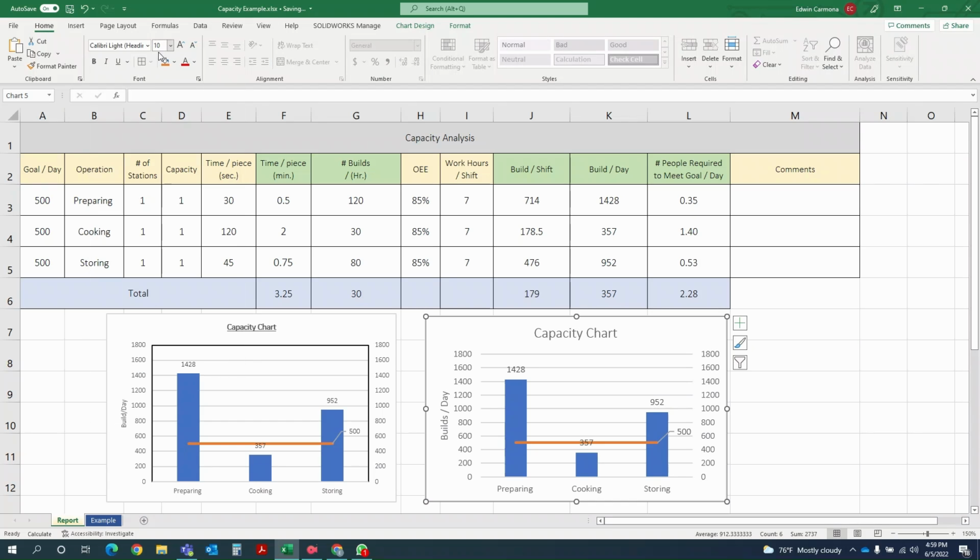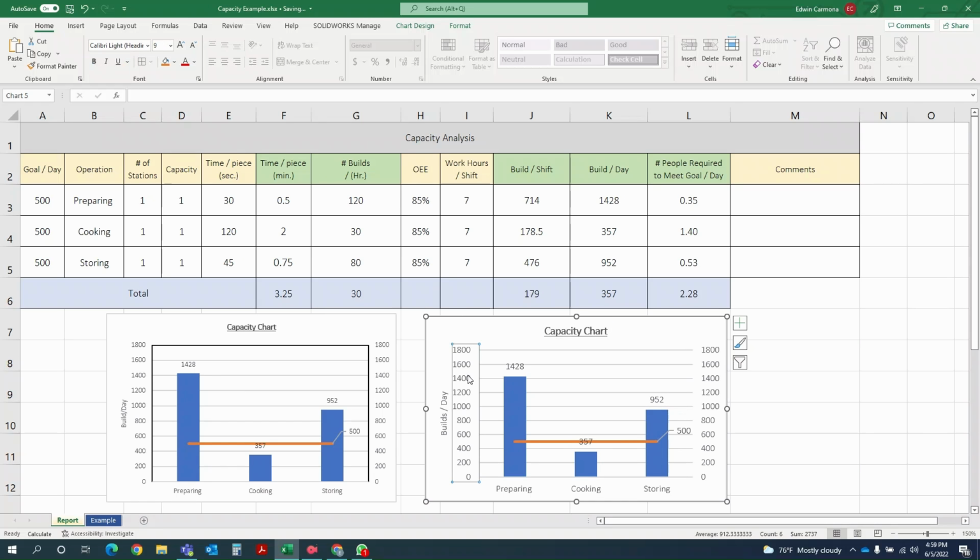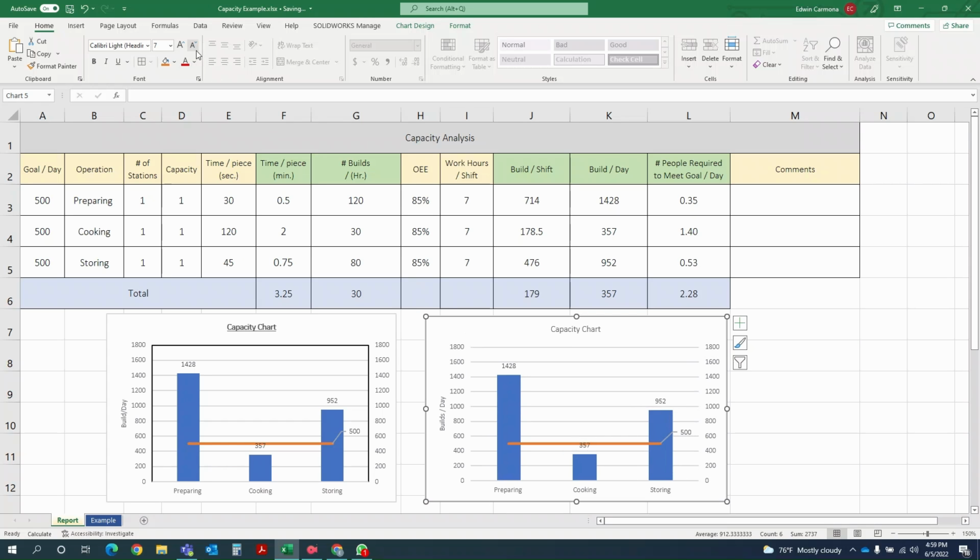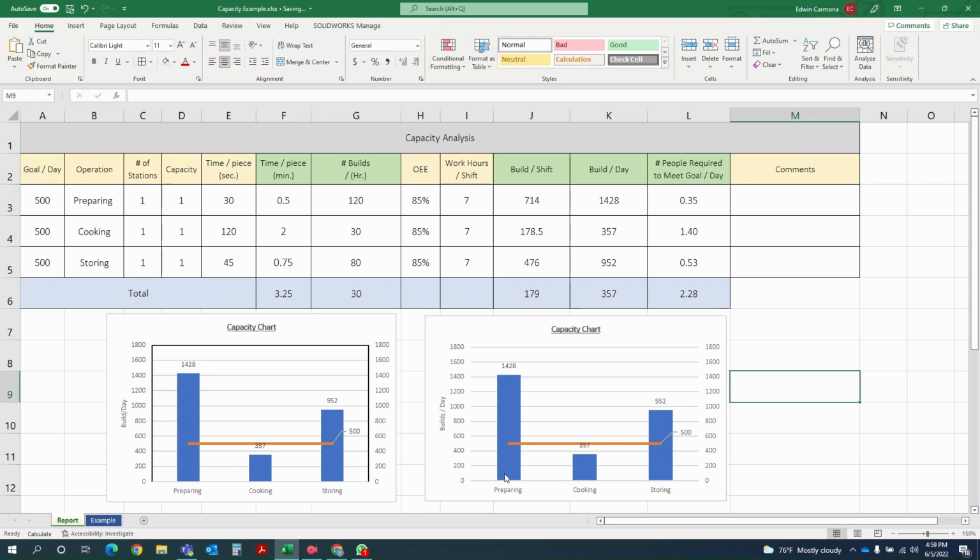This is something I do. I like to change the font. Let's make this bold, underlined. Maybe we can bring a couple things down. There you go. And that should do it.